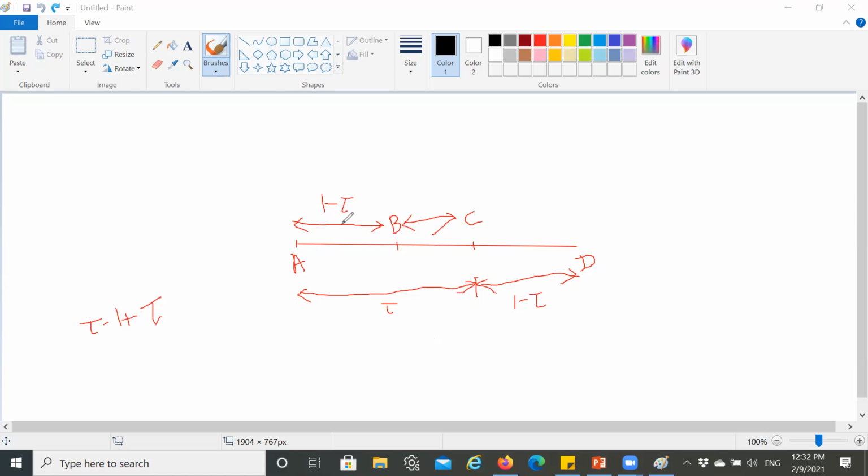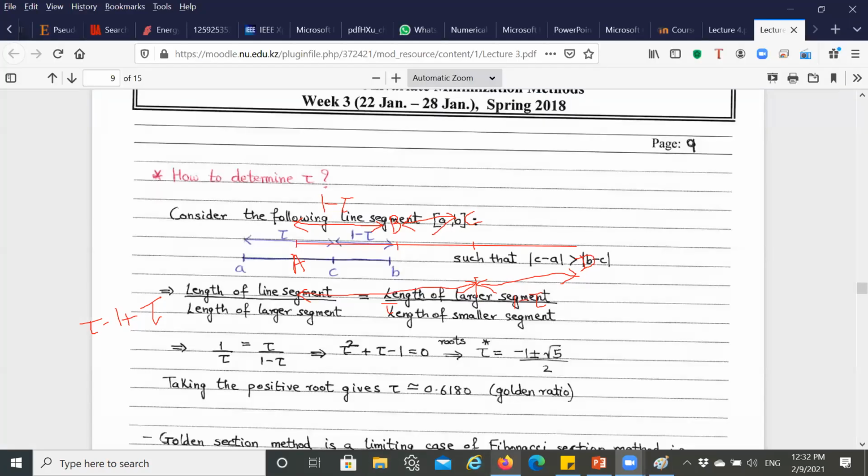So I choose another 1 minus tau, and I divide this tau into 1 minus tau and 2 tau minus 1. Is it clear? Yes. So this is basically the idea behind finding the golden ratio.